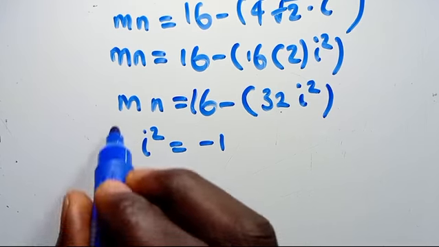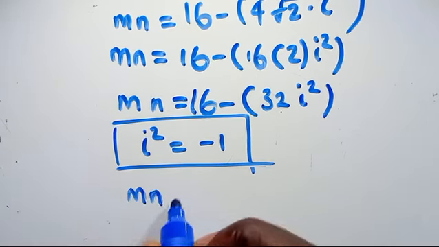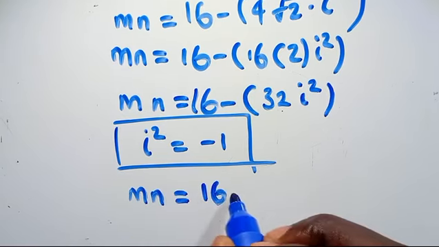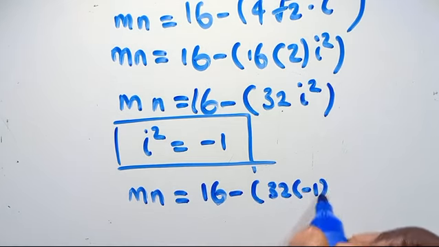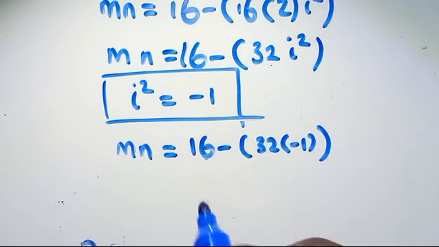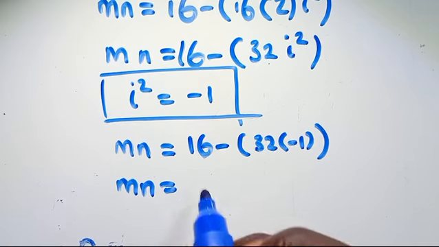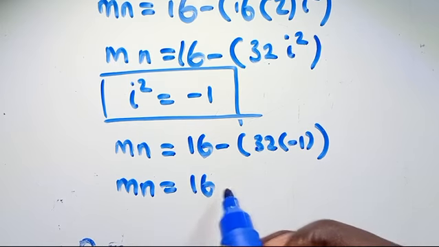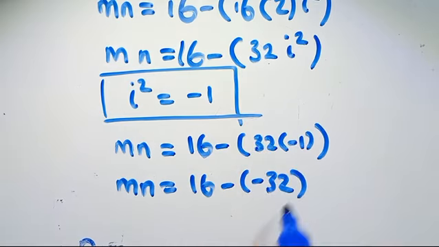So from here we have mn equals 16 minus 1 parenthesis 32 multiplied by minus 1 again, close the parenthesis. We have mn equals 16, minus, this will be minus into 32 multiplied by minus, will be minus 32.